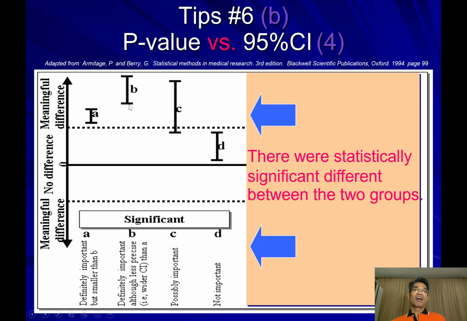But we will be more confident if the scenario is like B, meaning a greater efficacy. This is more confident. But it will be inconclusive in scenario C, because even though drug A is greater than drug B, it could be not beyond the 25% meaningful level.